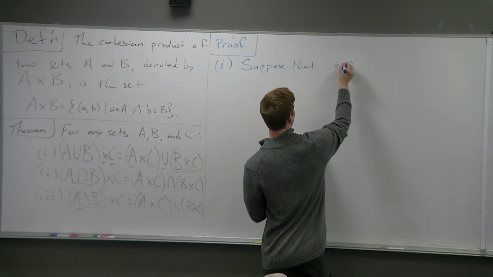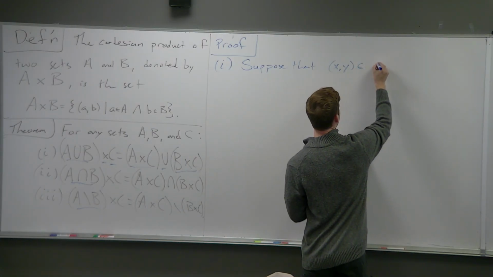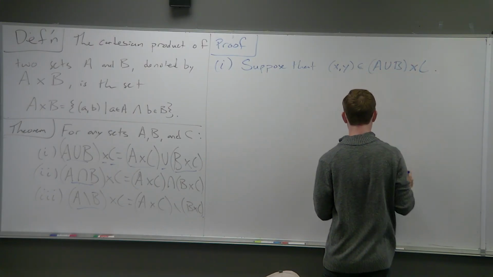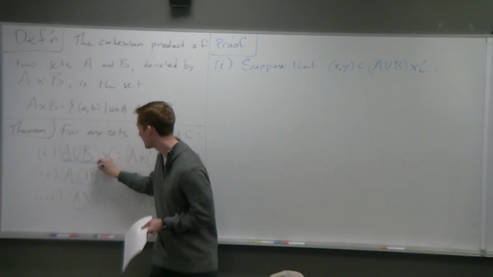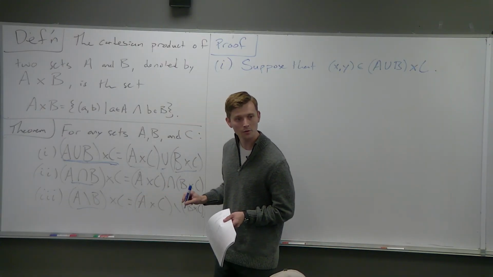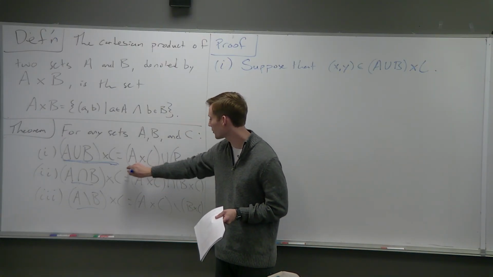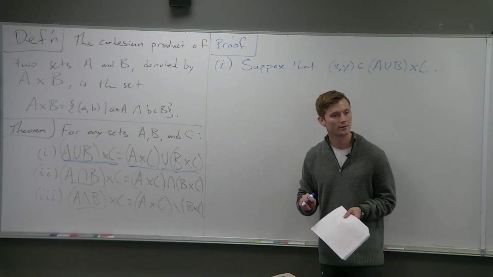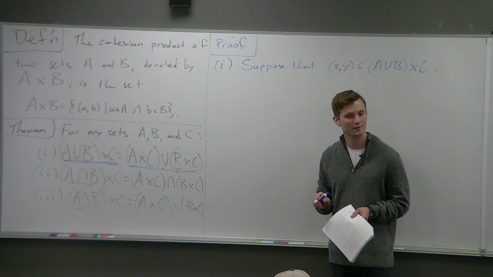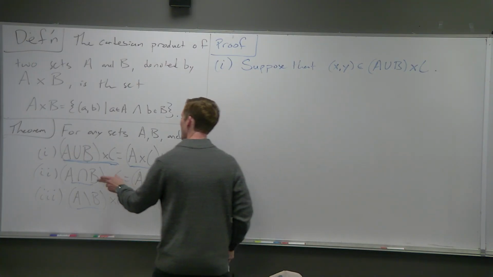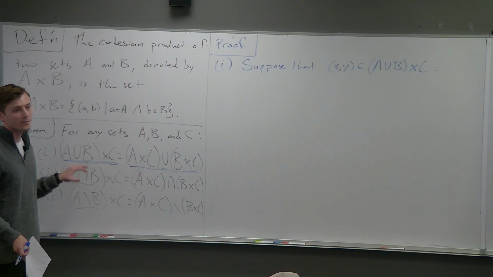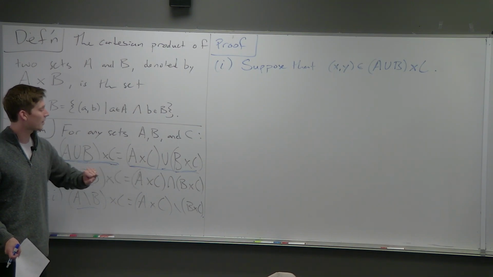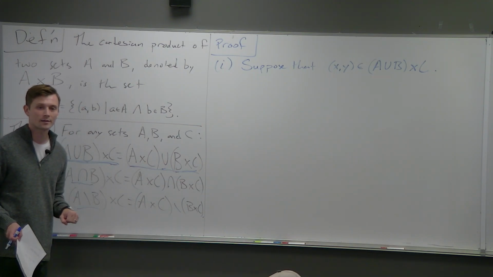We take some (x, y) in (A union B) cross C. What we will do now, we'll start on this side of the equation, and we will show that the thing we have obtained also lives here. Does that make sense? That is, we'll show an arbitrary element of the set (A union B) cross C is itself an element of the set (A cross C) union (B cross C).